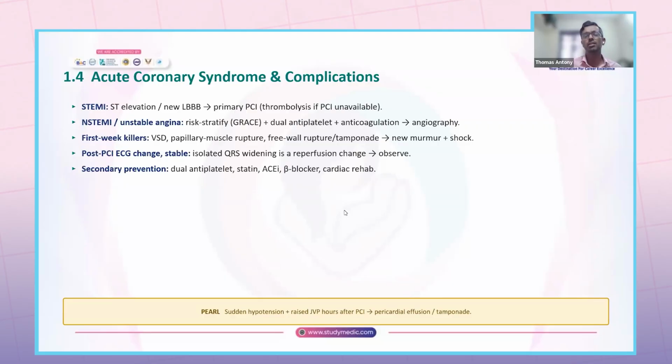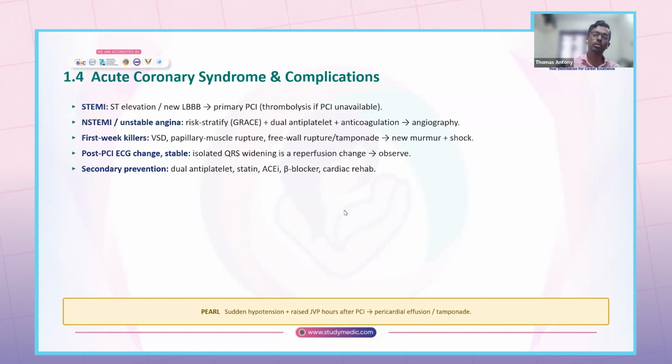What happens is that when a blocked vessel is opened up, you may see some reperfusion arrhythmias also. The most common one is accelerated idioventricular rhythm, that's AIVR. This is because of the transient irritability of the reperfused vessel.